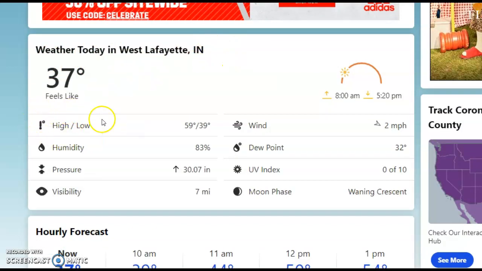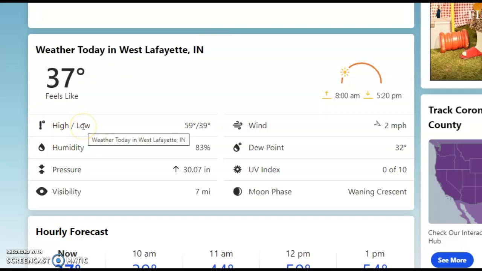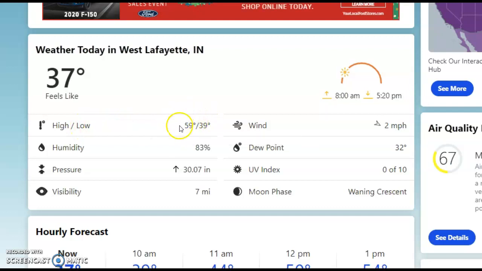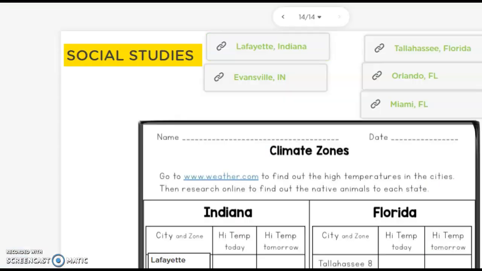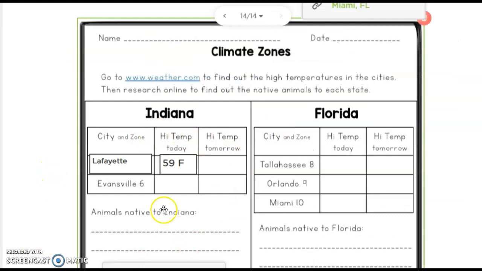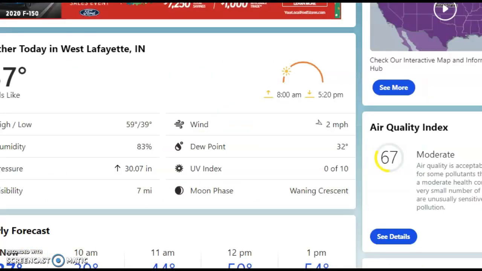And we can see this part that says high/low, and then right across from it, it gives us two temperatures. Our high today, I'm doing this on December 10th, the high is 59 and the low is 39. So I'll go back to my class page and write out my high. Right, so I wrote out 59 degrees, and now I can look at tomorrow's temperature.